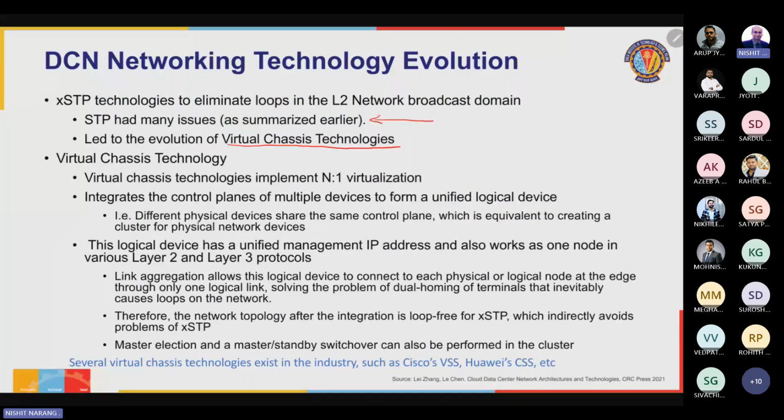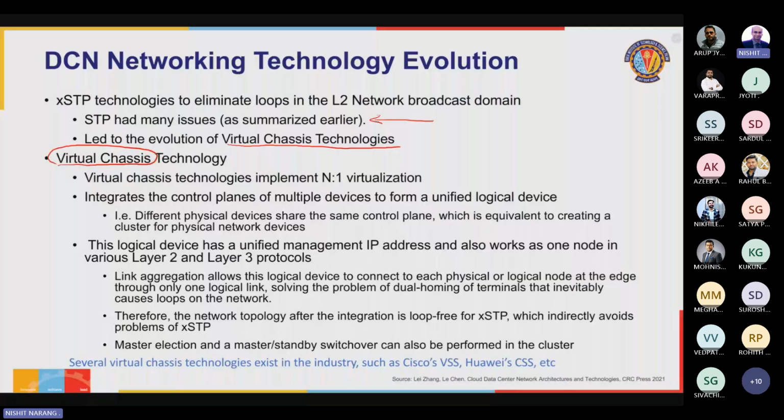So a while back we saw what we mean by the term virtual chassis, and thankfully Jyoti had also provided a definition to it. Virtual, right? And chassis is like a group.